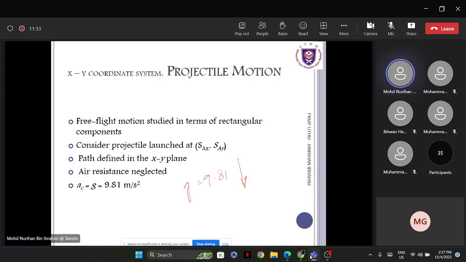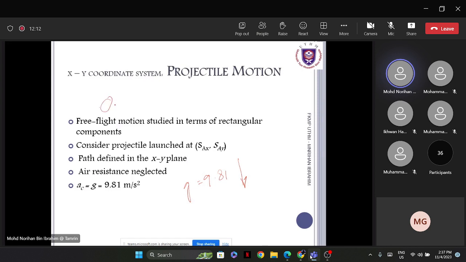Actually there are a lot of examples that we can relate with this kind of projectile motions. Let's say, for example, when you play football or badminton or any other sport which involves a ball, we can relate this kind of projectile motions. When you kick the ball, it will travel.